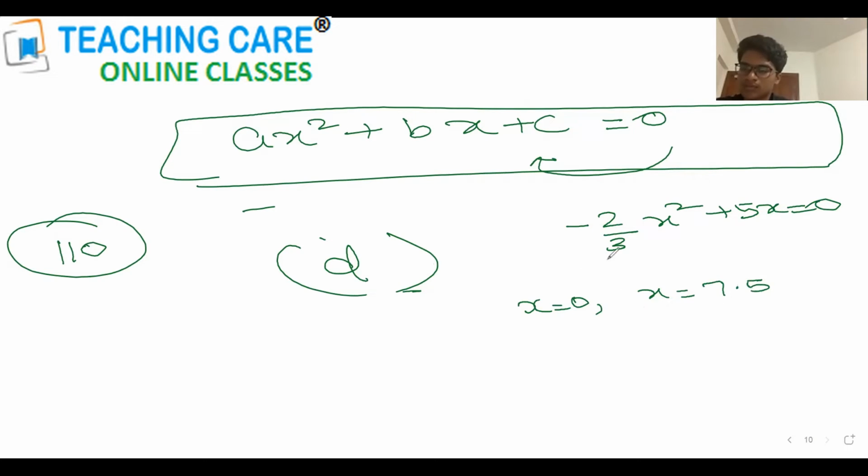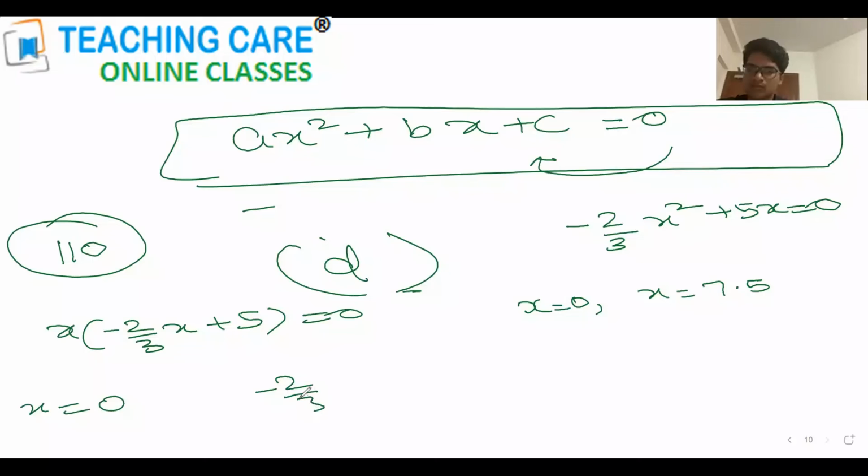I'm doing it over here, you can match it up. If I take x common, I'll get minus 2 by 3x plus 5 equal to 0. Either x is 0 or minus 2 by 3x equals minus 5, or x equals minus 5 times 3 over 2, which is 7.5 after the minus gets cancelled.